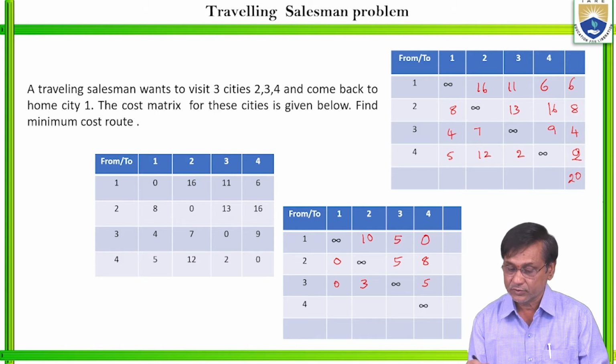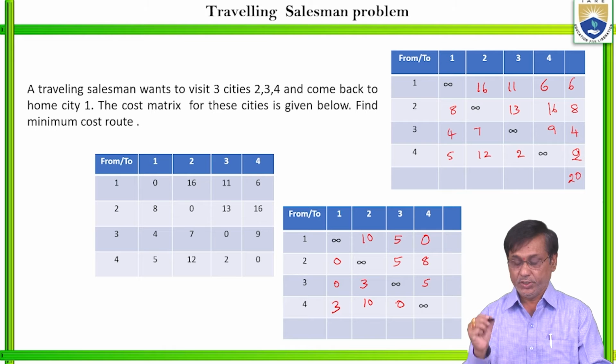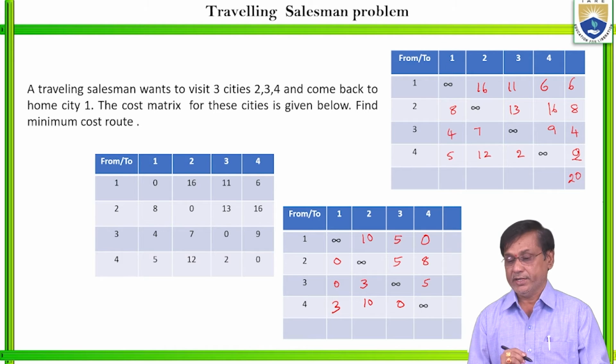Next, in the fourth row, the lowest element is 2. 5 minus 2 is 3, 12 minus 2 is 10, 2 minus 2 is 0. This is the reduced matrix.